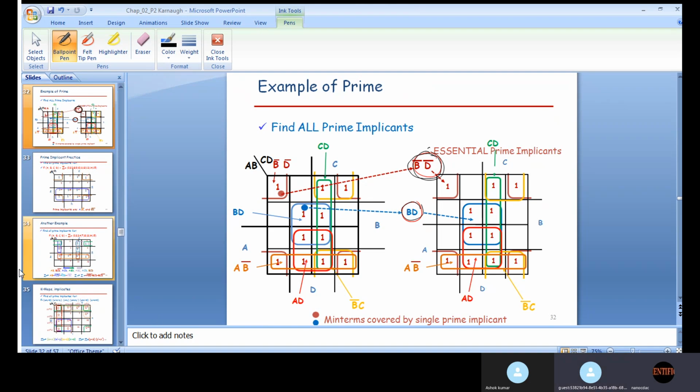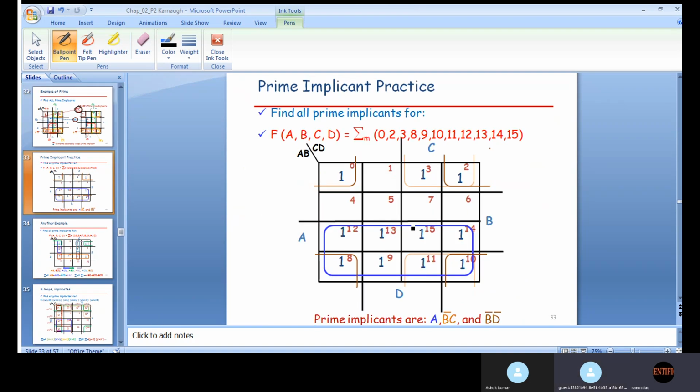If we see this particular map, you can see what the essential prime implicants are.